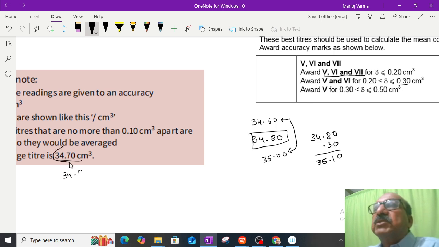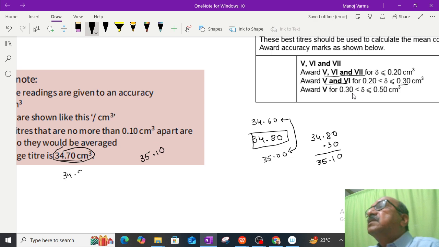So if suppose a student is getting this reading, 35.10, in his actual exam, it is a difference of 0.3 from the actual reading, which is given by the supervisor to the examination board. So you will get only 2 marks, because you will not get all the 3 marks. You will get only 2 marks.